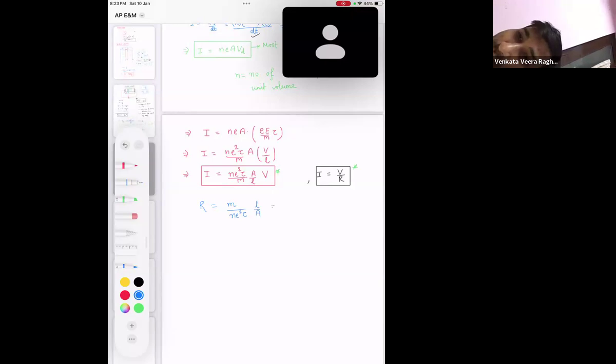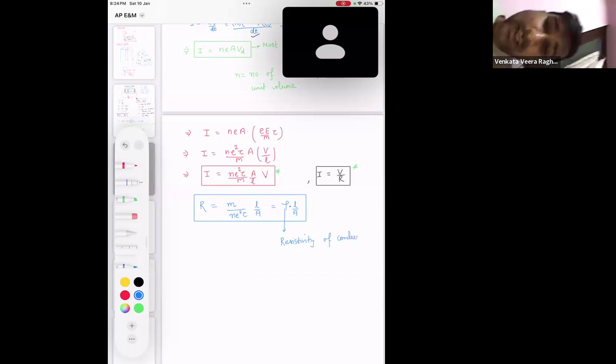And you also call this thing as what? Rho L by A. Understood? So what is the rho here? R is the resistance. And what is the rho called? Rho is called the resistivity of a conductor.